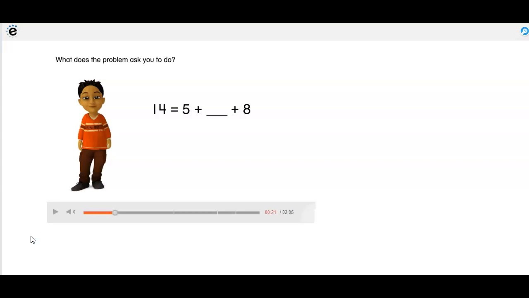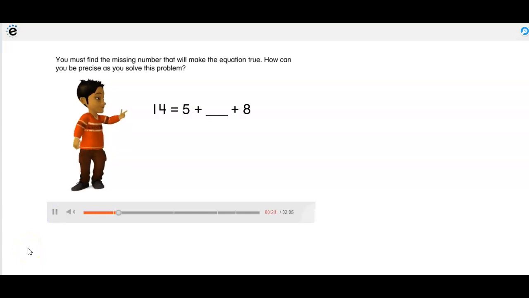We have 14 equals 5 plus blank plus 8. So the problem wants us to find the missing number. So when we add 5, 8, and the missing number, it will also equal 14. You must find the missing number that will make the equation true.